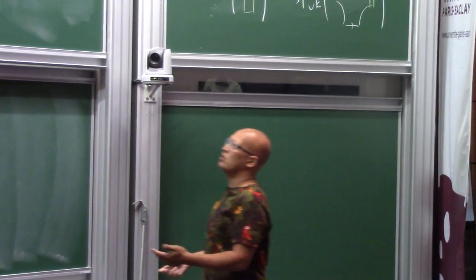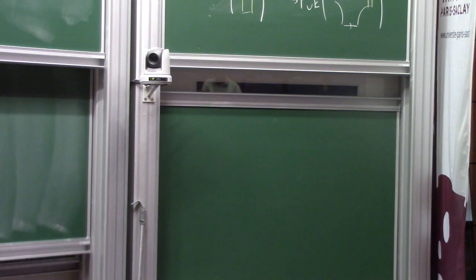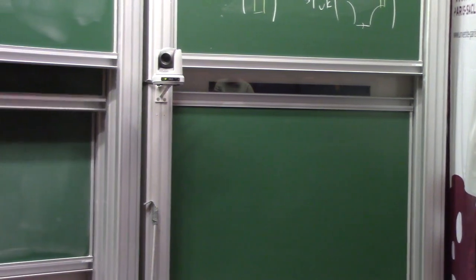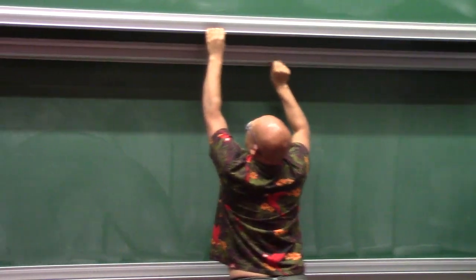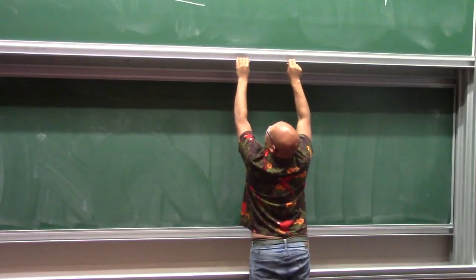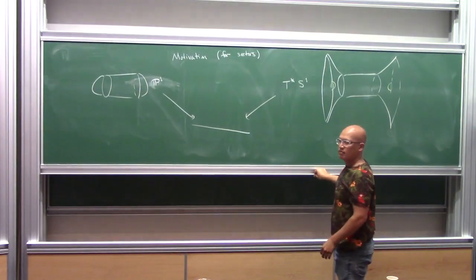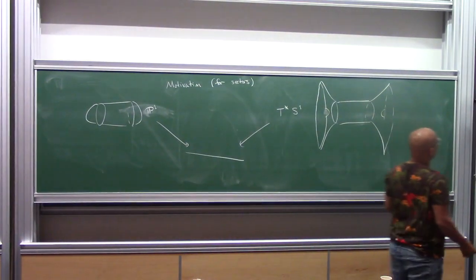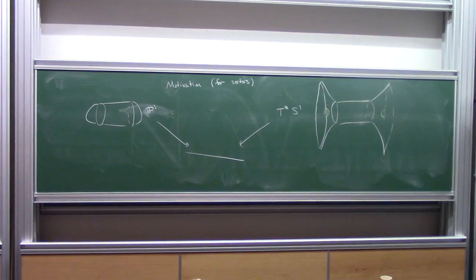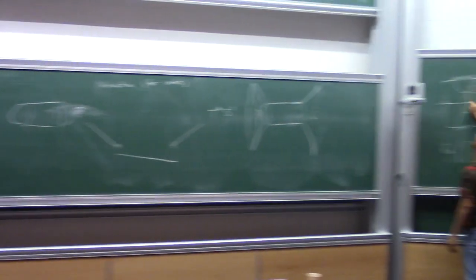Maybe I'll take it out of this whole board. In terms of skeleton, just embed real line to real line plus. Yeah, maybe I should draw a skeleton. The skeleton would look like this.